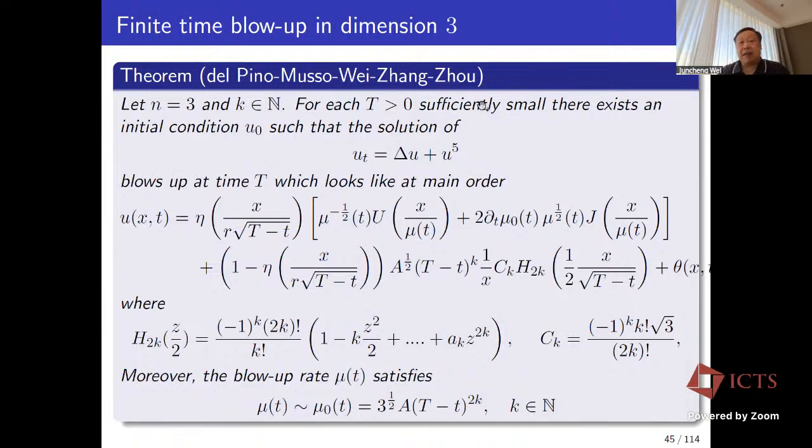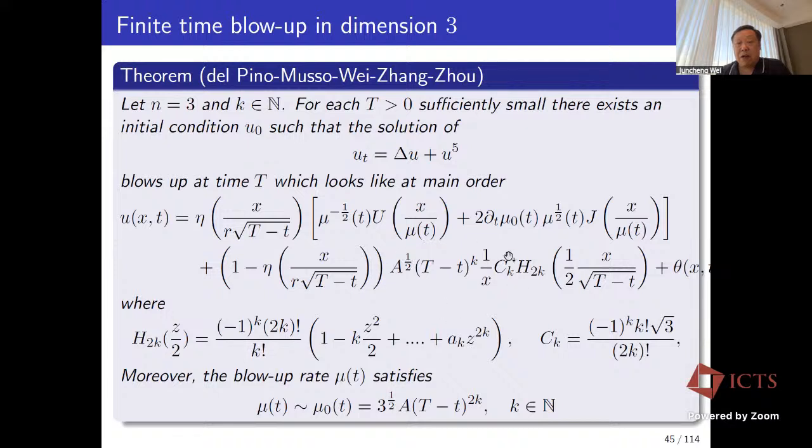Okay, this is dimension 4, and for dimension 3, the construction of finite time blowup is a little bit different from dimension 4. In the following sense: for the outer problem, we take a special solution to the heat equation, a self-similar type solution for the heat equation.